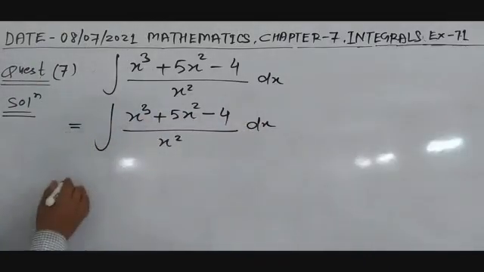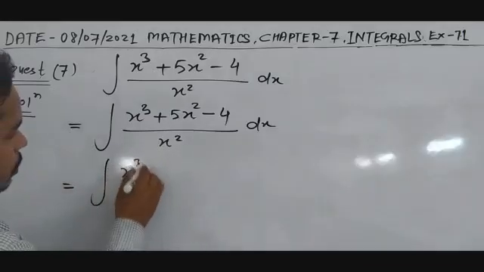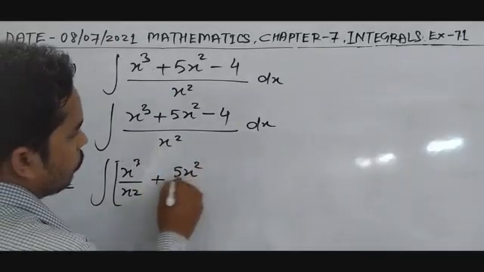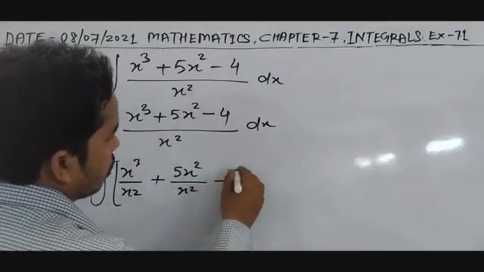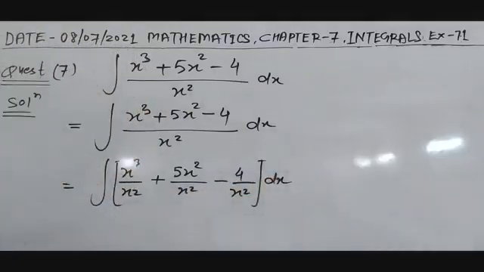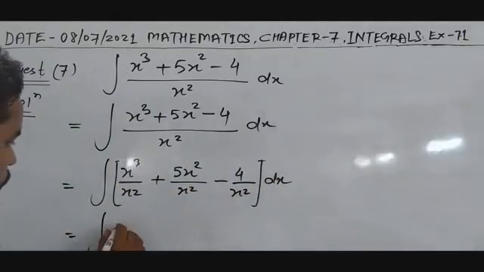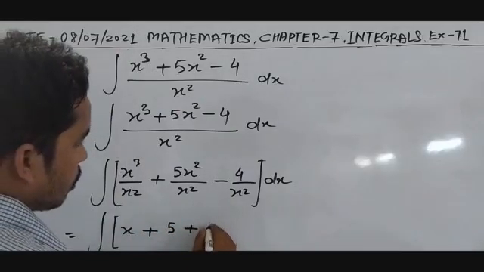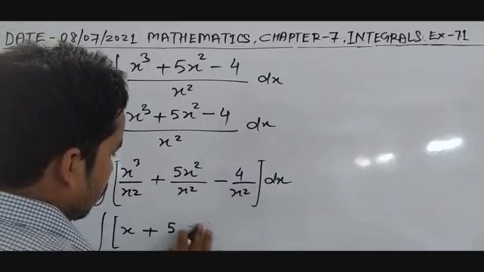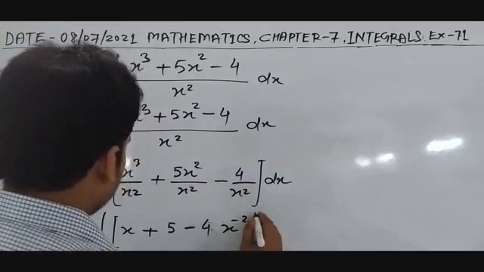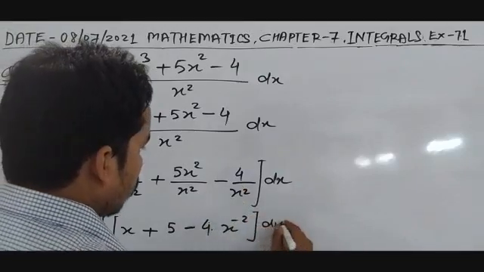So the result will be the integration of x cube upon x square plus 5x square upon x square minus 4 upon x square dx. Now x square will cancel out from x cube, the result will be x plus 5, and this one will be minus 4 into x to the power minus 2 dx.